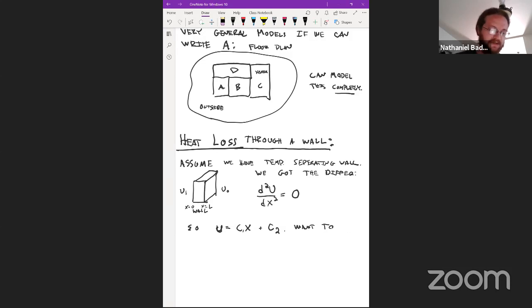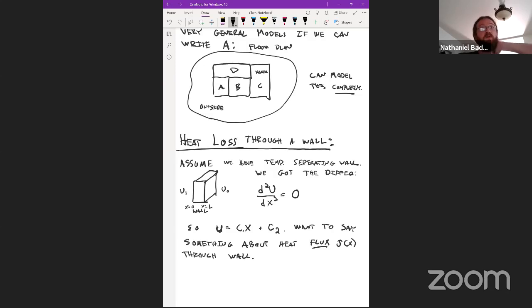You can tell it's getting late in the lecture. Say something about heat flux, J of x, through the wall. So first things first, the heat flux should actually be constant.